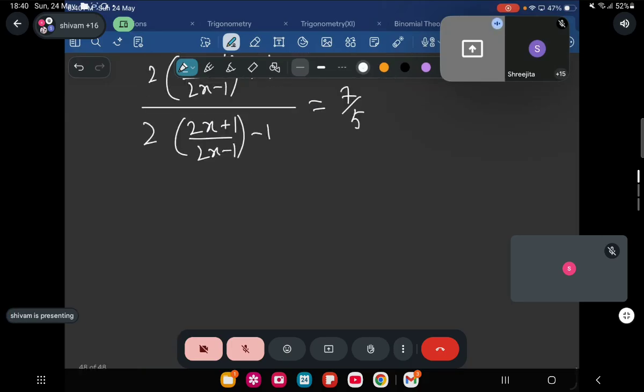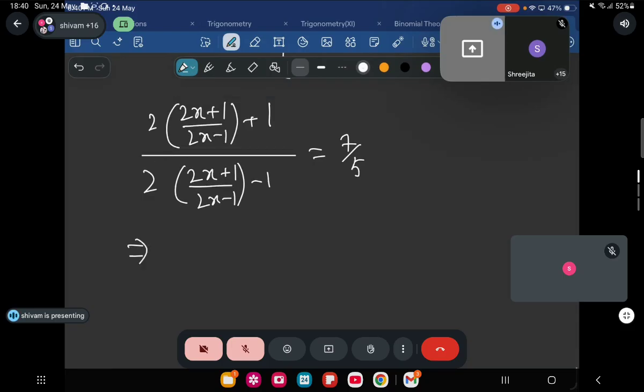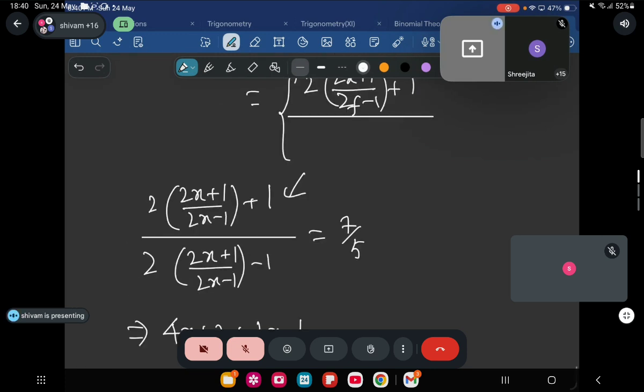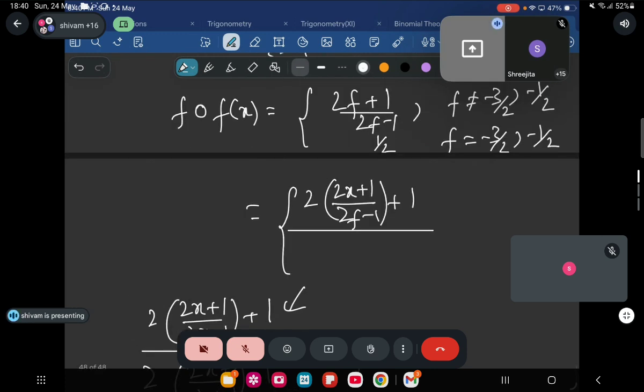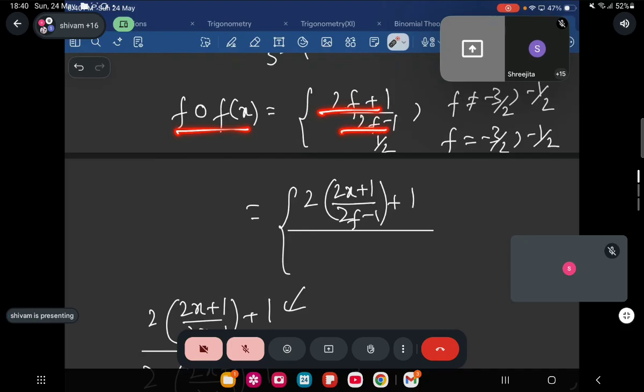Let us multiply by 2x minus 1 in the numerator and denominator. We'll get 4x plus 2 plus 2x minus 1. This is what f of x is: 2 into f plus 1 divided by 2f minus 1. So instead of f, we have to again substitute 2x plus 1 divided by 2x minus 1.